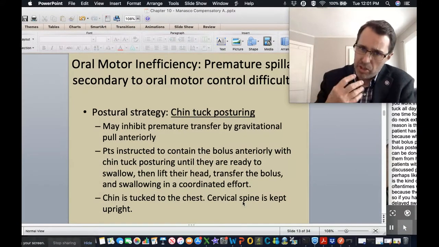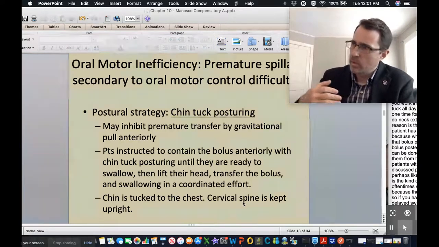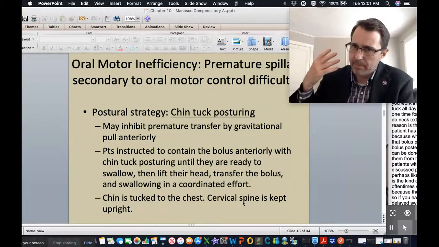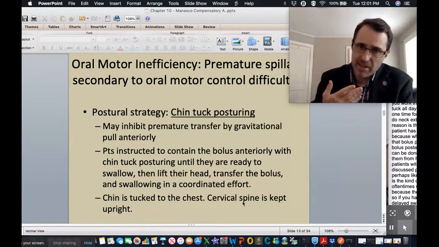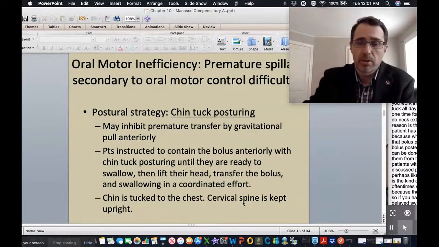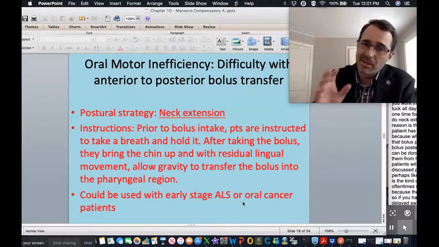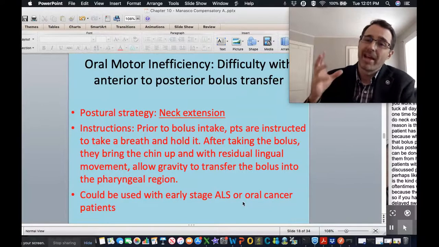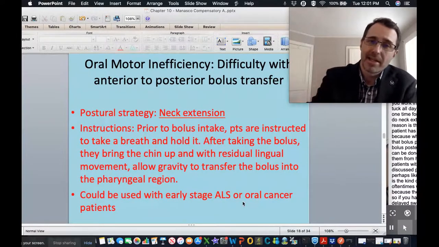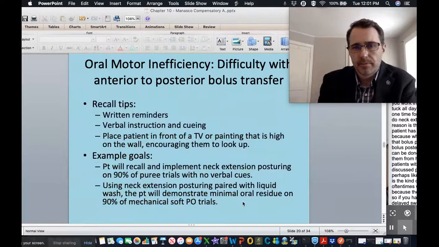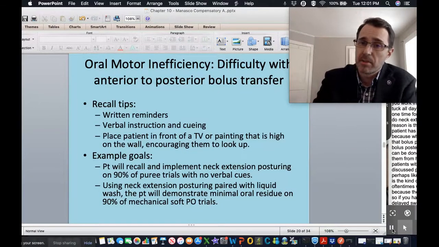We talked about chin tuck, which will allow gravity to hold the bolus anteriorly to reduce premature spillage. We talked about neck extension or the head up position to facilitate AP transit. And we touched on strategies that you might try to put into place to facilitate the client's recall of the strategies that they're supposed to use.